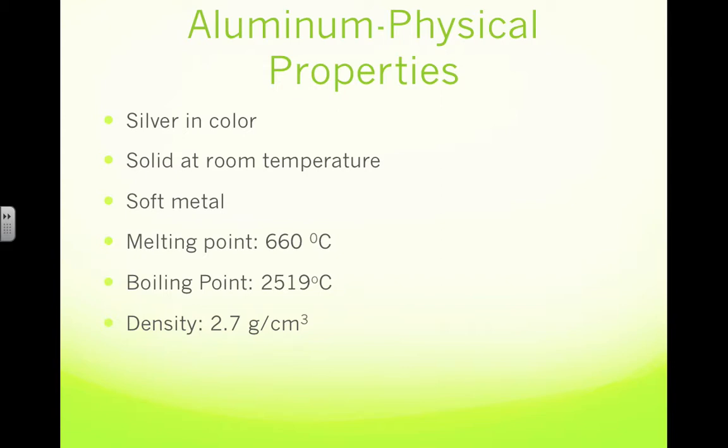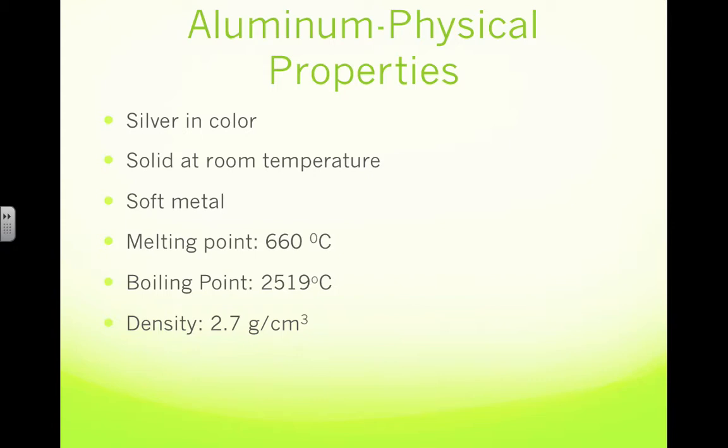So aluminum's physical properties. Well, aluminum is silver in color. It's solid at room temperature. It's a soft metal. Its melting point is 660 degrees Celsius, and its boiling point is 2,519 degrees Celsius, with a density of 2.7 grams per centimeter cubed.